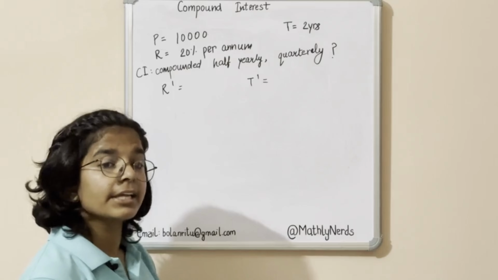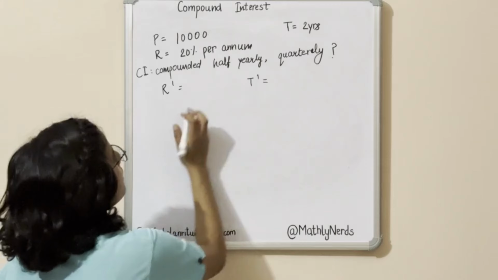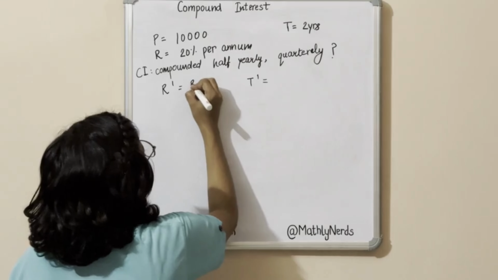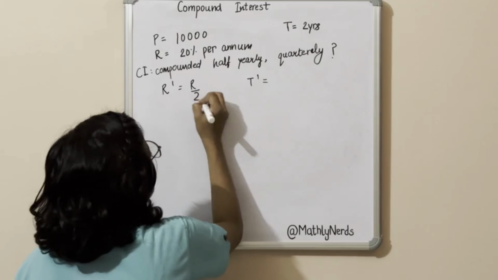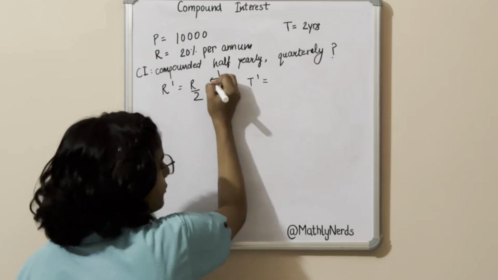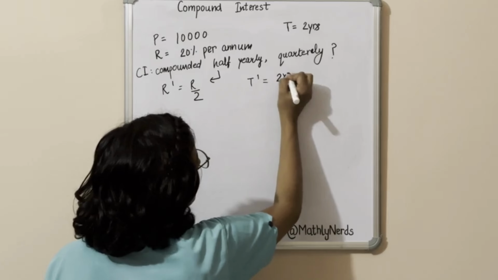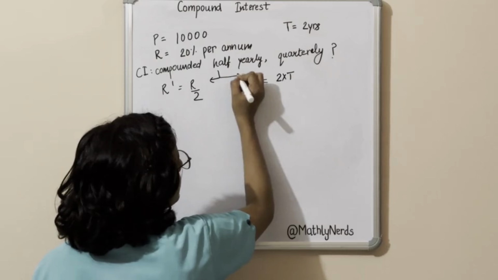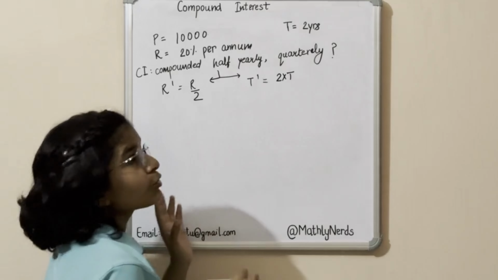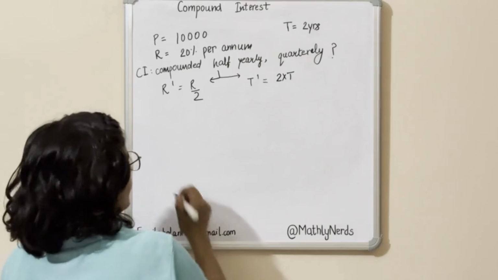But when we are calculating it half yearly, how many times will we be calculating interest? It will be 4 times. So just do one thing: R dash is equal to R by 2 if we are compounding half yearly, and T dash is equal to 2 times T if we are compounding half yearly. And you will be able to solve this question with the previous formula.